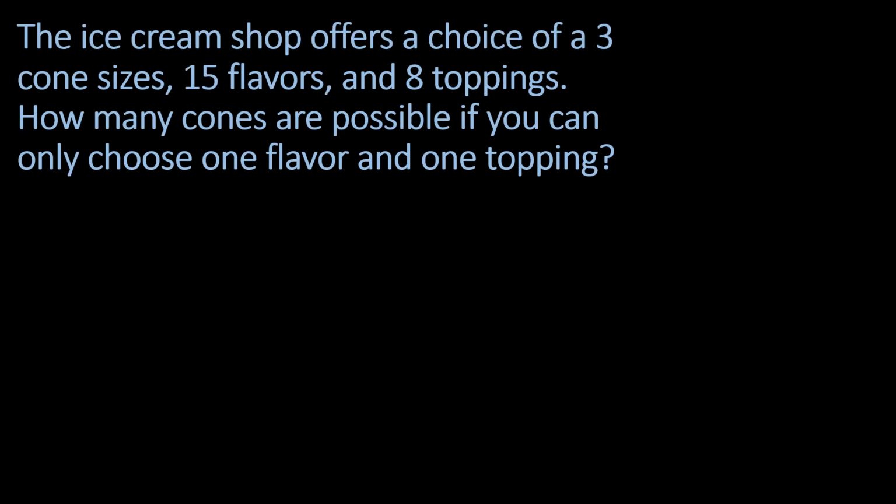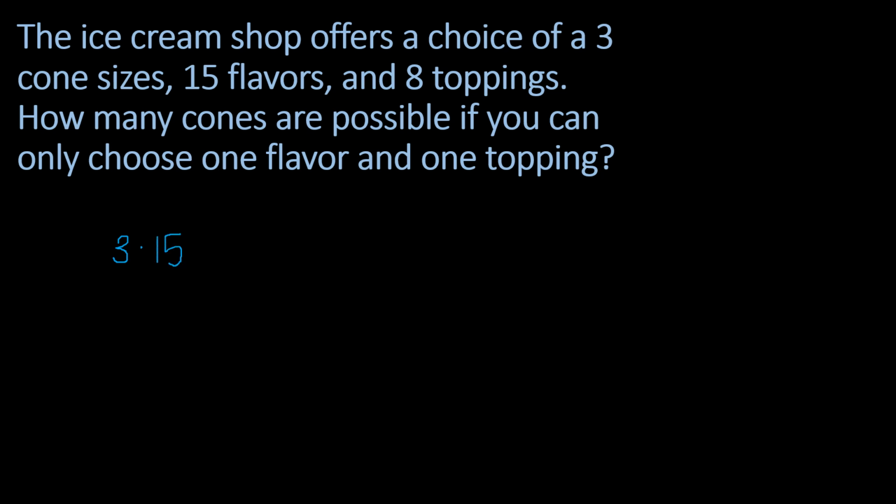Alright, so we're going to do a couple examples of this. So the ice cream shop offers a choice of 3 cone sizes, 15 flavors, and 8 toppings. How many cones are possible if you can only choose 1 flavor and 1 topping? So I know I can choose from 3 cone sizes. Okay. I can choose from 15 flavors.